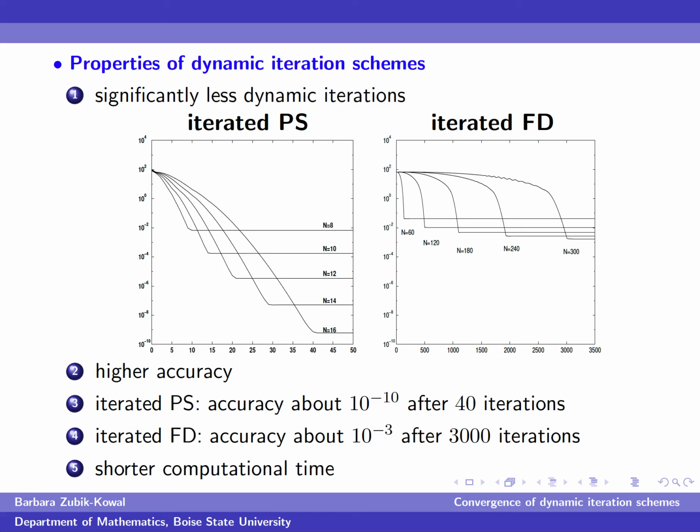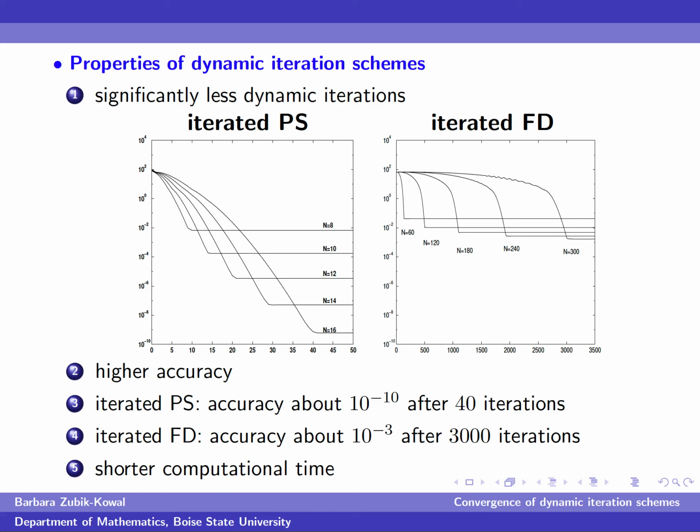And here the left-hand side figure is prepared when dynamic iterations are applied to pseudospectral semi-discrete systems used for the heat equation, while the right-hand side figure is prepared when dynamic iterations are applied to the finite difference semi-discrete systems used for the same heat equation. Now, the ranges of the vertical axis in both figures are the same to compare errors. And we can see that the dynamic iterations preserve the accuracy of the semi-discretization processes.